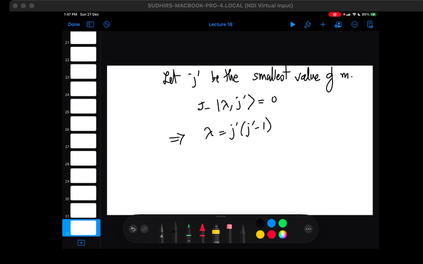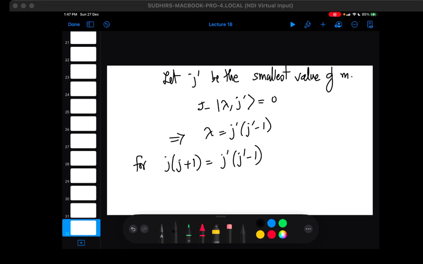Now because λ is the same value, for the same λ we need j into j plus 1 equal to j prime into j prime minus 1.